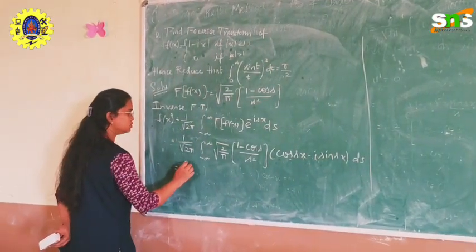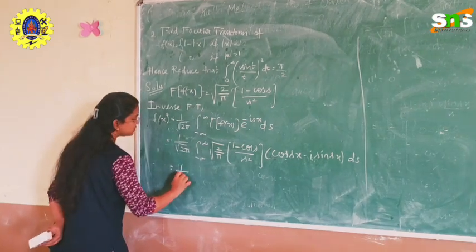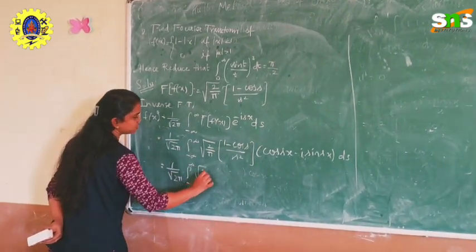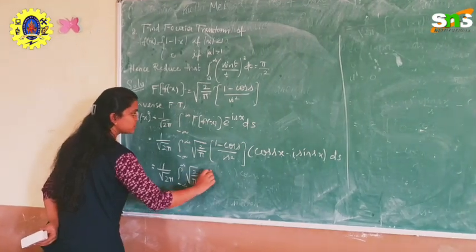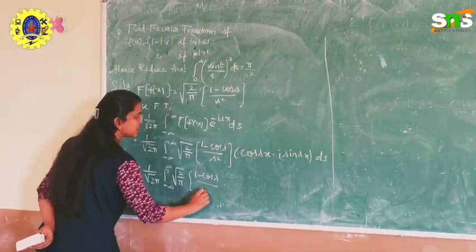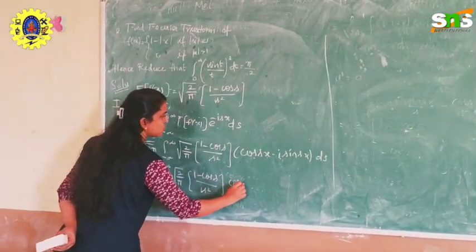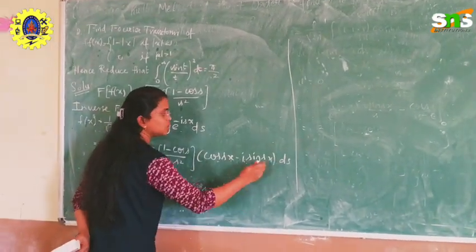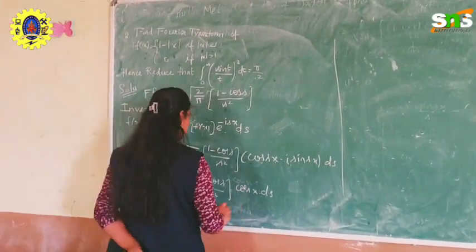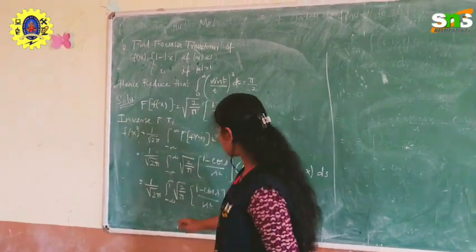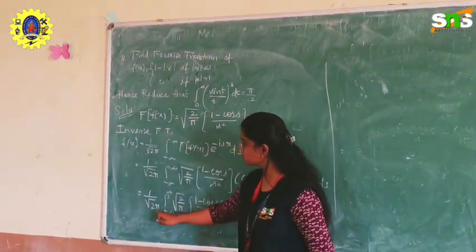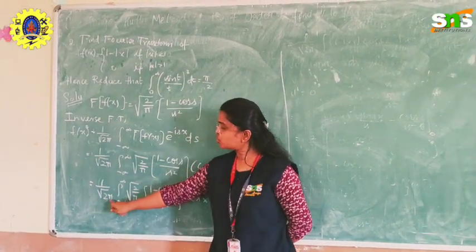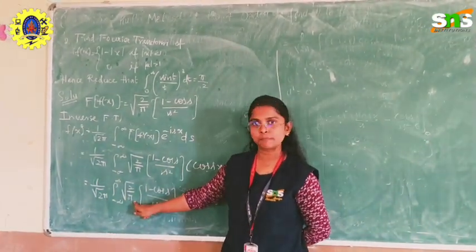So odd function integral goes 0, even function gives 2 times that integral. So f of x is equal to 1 divided by root 2 pi integral minus infinity to plus infinity root of 2 divided by pi times (1 minus cos s) divided by s square cos sx into ds, minus the whole odd term will be 0, right? So now I'm just cancelling these terms, root 2 divided by root 2, and root pi into root pi is pi.